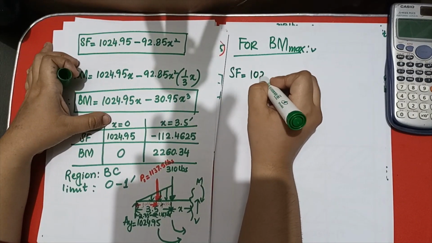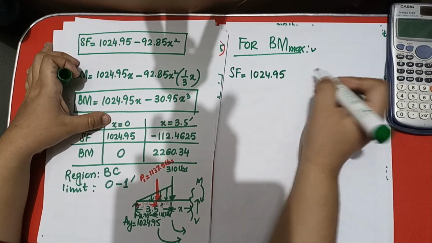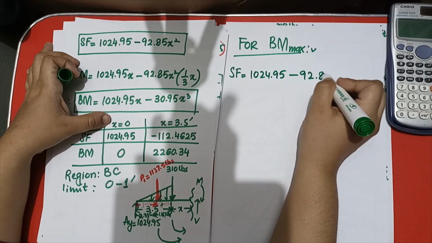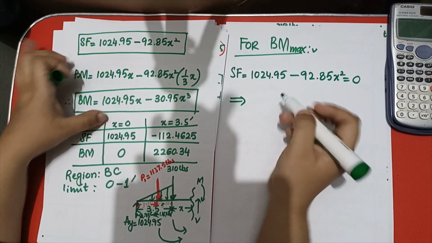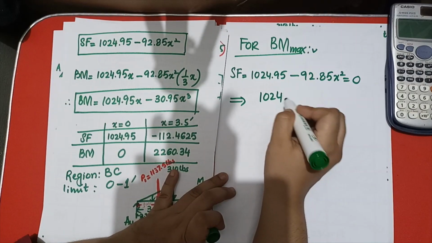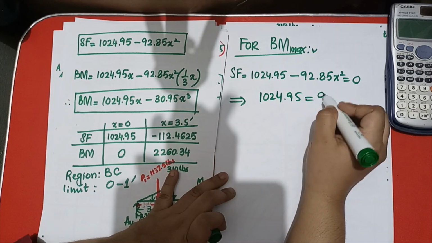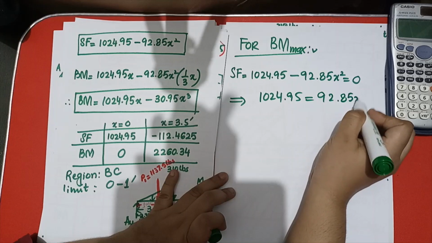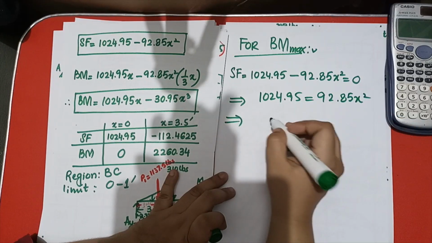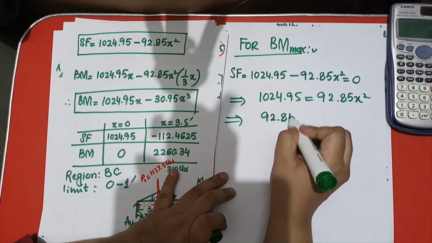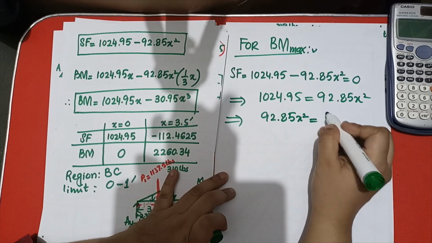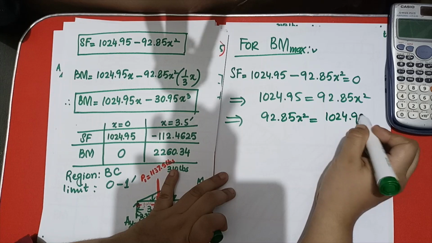So 1024.95 minus 92.85 x square equals to 0. In the next step, obviously we have to simplify it: 92.85 x square is equal to 1024.95.